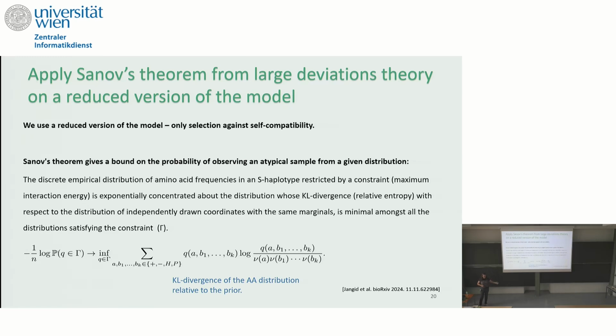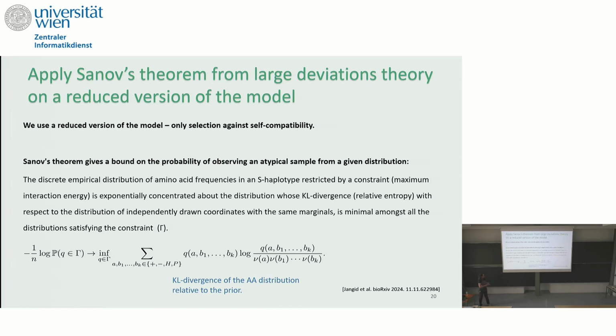So in this case, the distribution from which we draw the sequences is the prior distribution, and we're asking what is the probability of getting such sequences that obey the constraint of no match within the S haplotype.